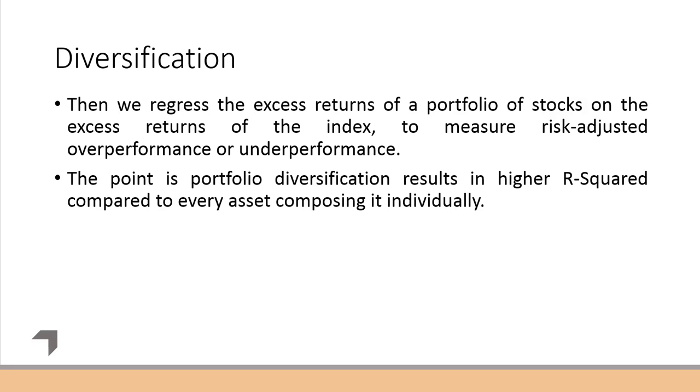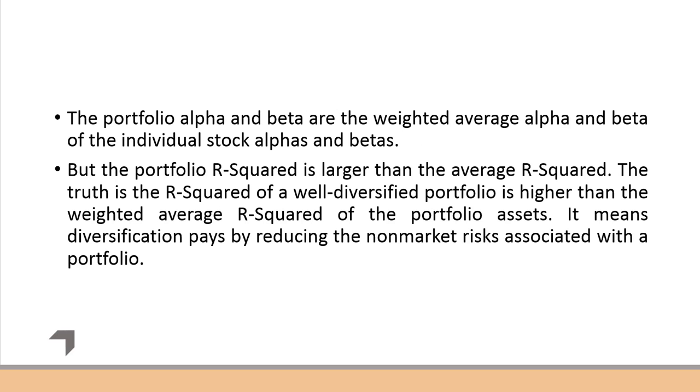The point is, portfolio diversification results in higher R-squared compared to every asset composing it individually. The portfolio alpha and beta are the weighted average alpha and beta of the individual stock alphas and betas. This is easy, so we can compute it easily.